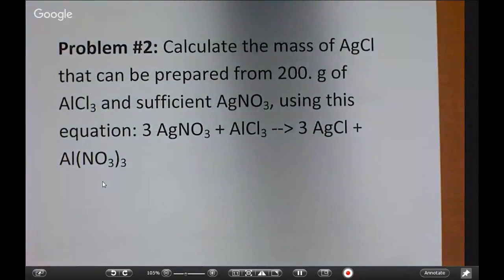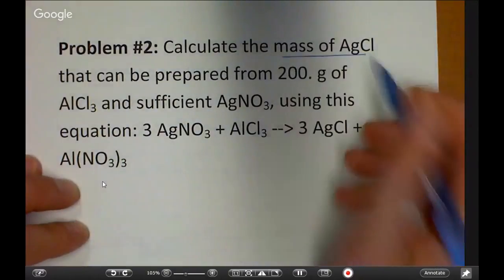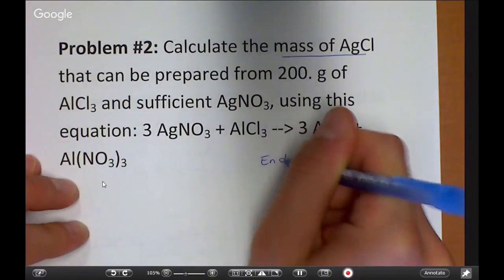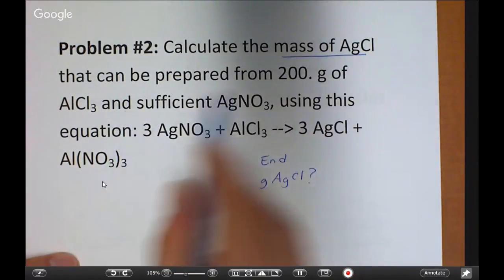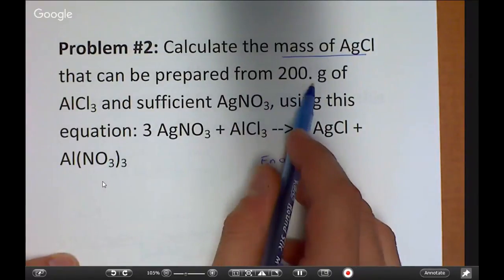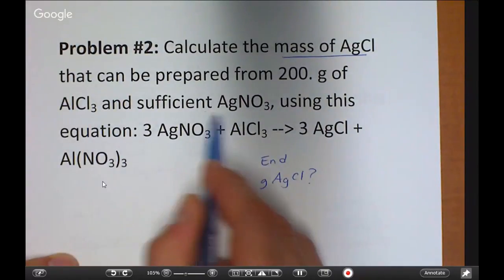All right, and we got one more quick problem here, hopefully quick. Calculate the mass of AgCl, silver chloride. So mass, this is our end, what we're solving for. That can be prepared from 200 grams of aluminum chloride and sufficient silver nitrate.